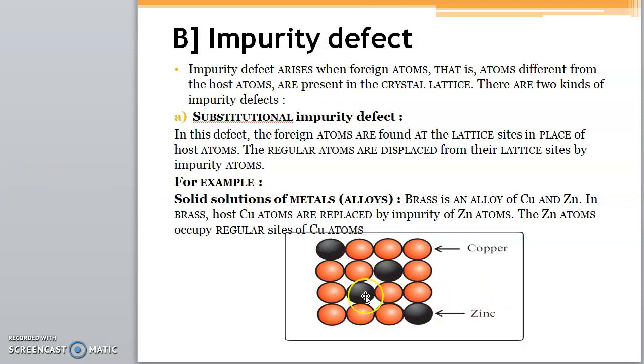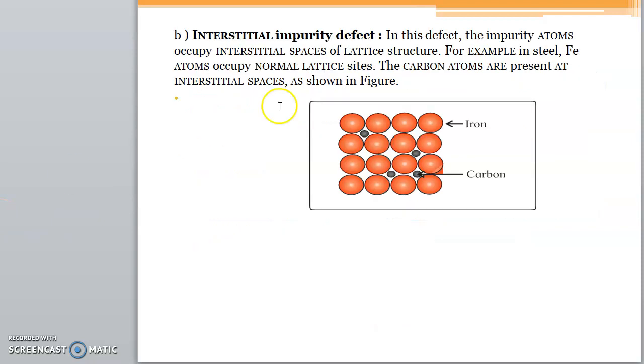Straight away, 1, 2, 3, 4 copper atoms were taken out and zinc took its place. Whereas in this case, that is interstitial impurity defect, the word interstitial means it's some space in between the crystal lattice, like how you can see this carbon. So in this defect, the impurity atoms occupy interstitial spaces of lattice structure.